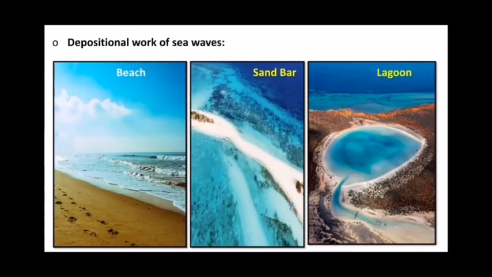Now let us see the depositional work of sea waves. Children, whatever eroded materials there are, they get collected at the seabed. Because of tides, whenever there is high tide, they keep moving towards the coast, and when there is low tide, they go away from the coast.